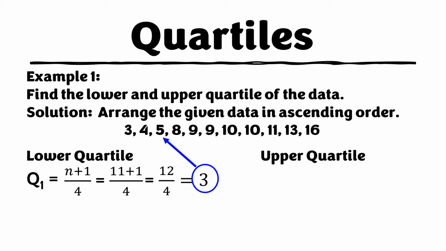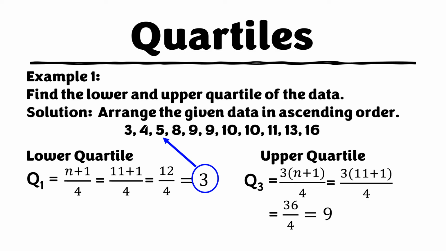Next, for the upper quartile, we have Q sub 3 is equal to 3 times the quantity of n plus 1 all over 4. So we're going to substitute the value of n, which is 11. So we have 3 times the quantity of 11 plus 1 all over 4. Next is 11 plus 1 is equal to 12 times 3 is equal to 36.